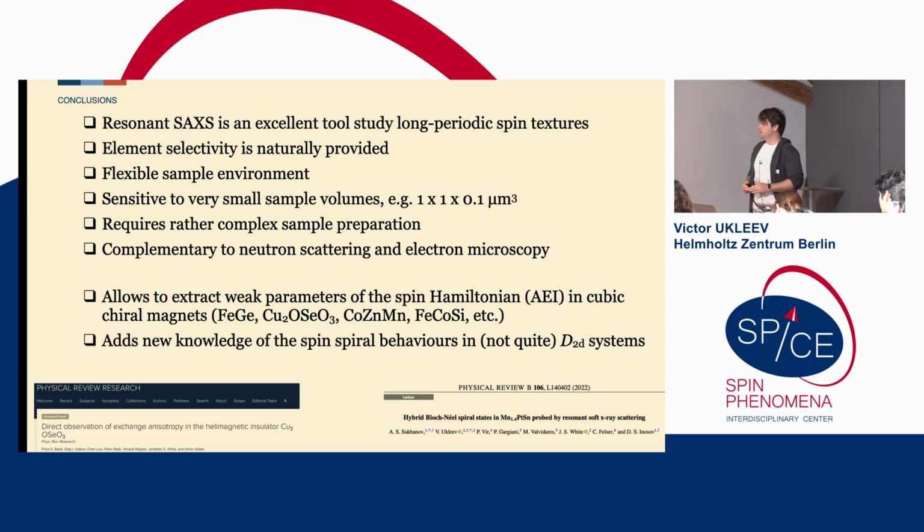But on the other hand, we are limited to studying surfaces or very thin magnetic systems, and it can be used as a complementary tool to neutron scattering and electron microscopy. As a result, we have quantified small anisotropic exchange parameters in several materials already, and we added some knowledge for D2d systems hosting antiskyrmions.